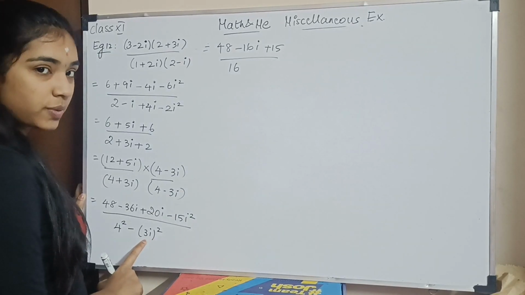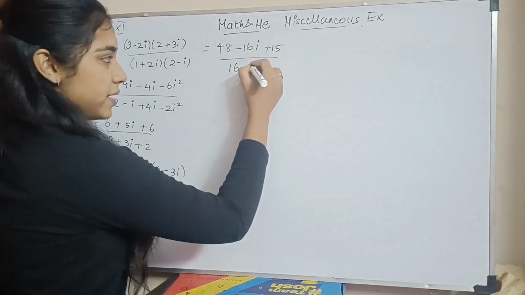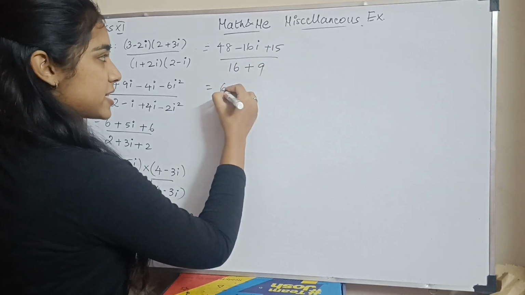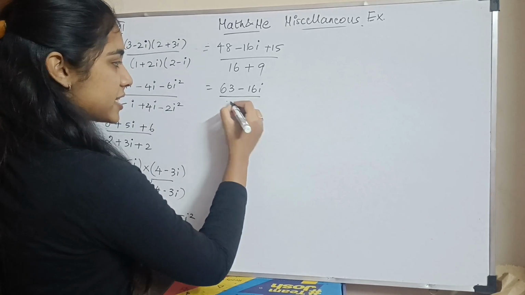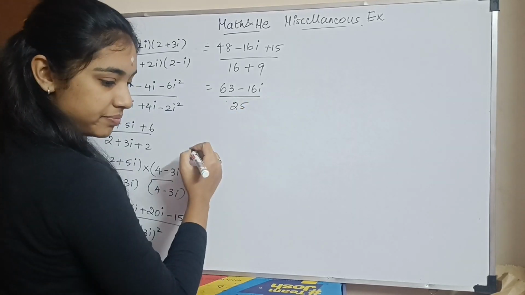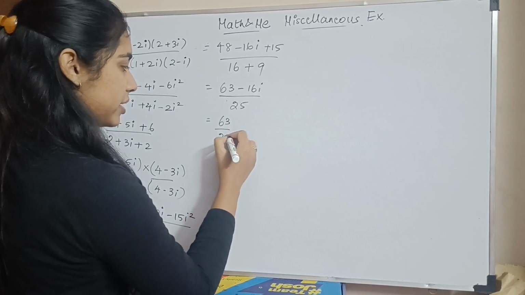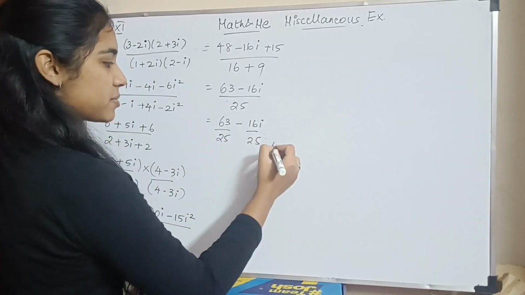So, 9 into minus 1 is minus 9, minus into minus plus. So, I have 16 plus 9, which is 25. 48 plus 15 is 63, minus 16i, divided by 16 plus 9 is 25. So, this is the a plus ib form: 63 by 25 minus 16i by 25. So, this is my final answer.